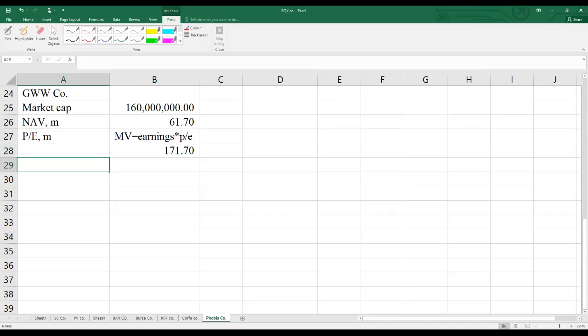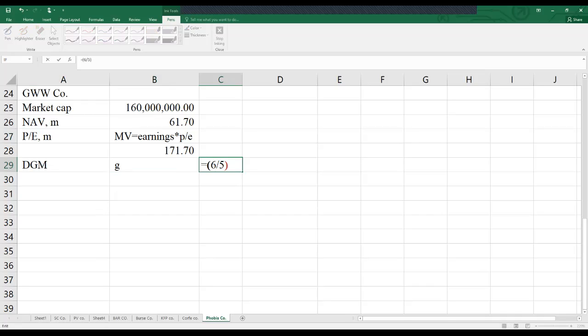Next, we get the company value using the dividend growth model. First, we were told that we use the historical growth in dividend as our G. In 2009 the dividend was 5, and in 2012 it was 6. This growth was experienced over 3 years.